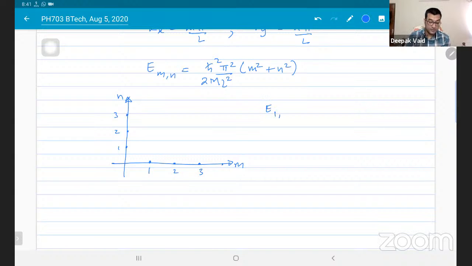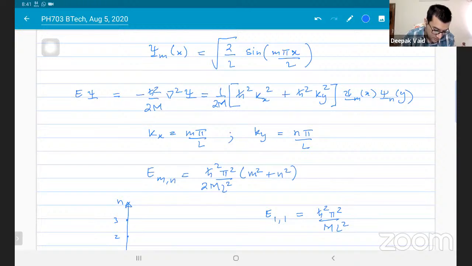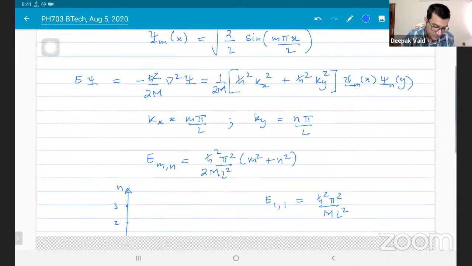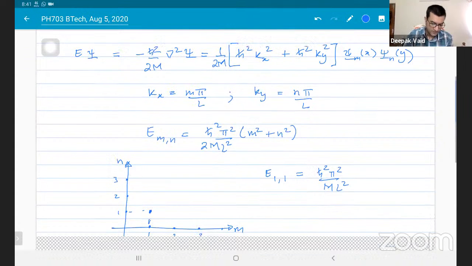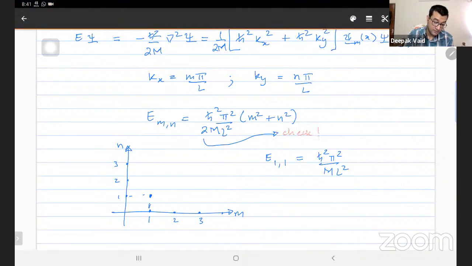The lowest energy will be this 1, 1. I just want to make sure I have not made any mistakes as far as this factor of 2 is concerned. If I'm making a mistake, I'll leave that for you to check.